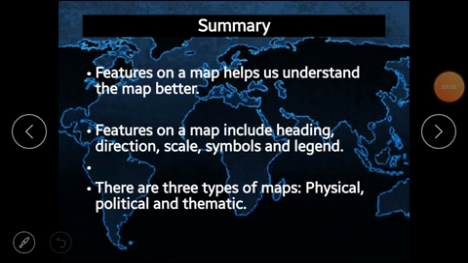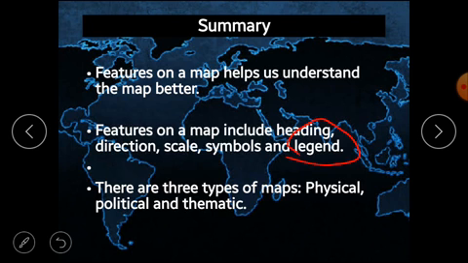So this completes our lesson. We studied the features of a map that help us understand the map better, and they include heading, direction, which is always north, scale, which is a ruler-like symbol, that is the ratio between the distance on a map and the real distance on the ground, and different symbols and colors and signs, and the legend or key that shows us the meaning of those symbols.